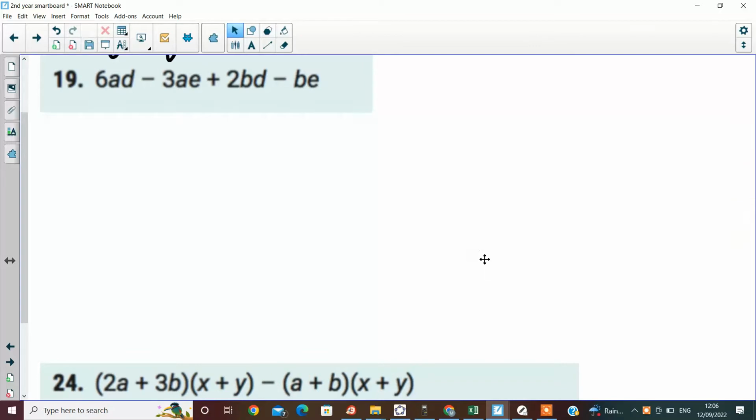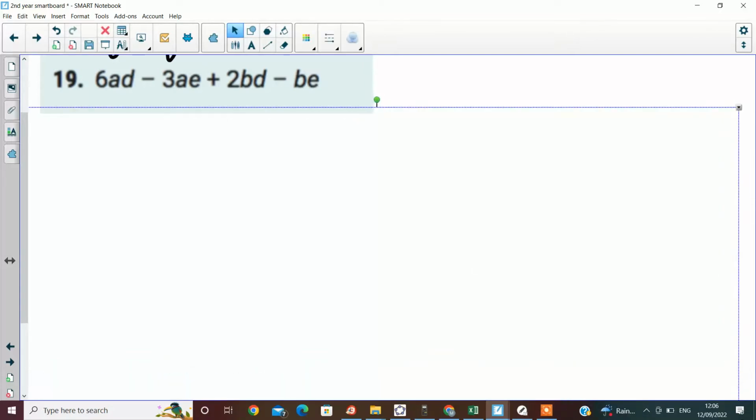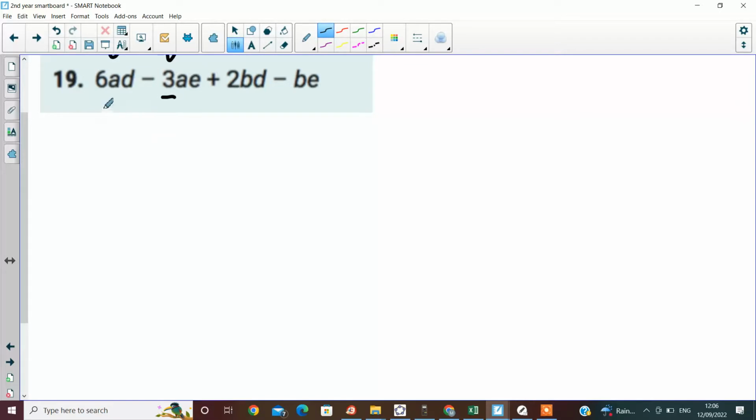So in question 19, what we're looking at is taking out a number that 3 and 6 will divide into. What number can divide into 3 and 6? 3. All right. You're taking down the stuff. So 3. What letter do they have in common?